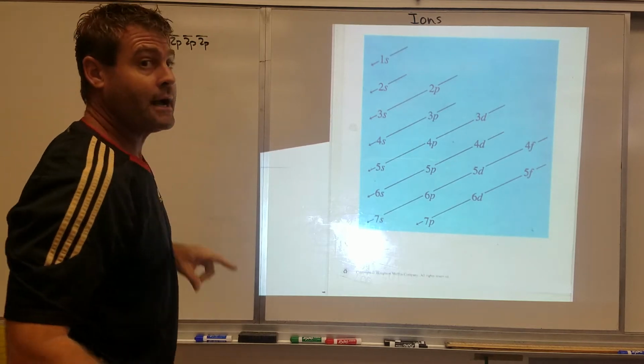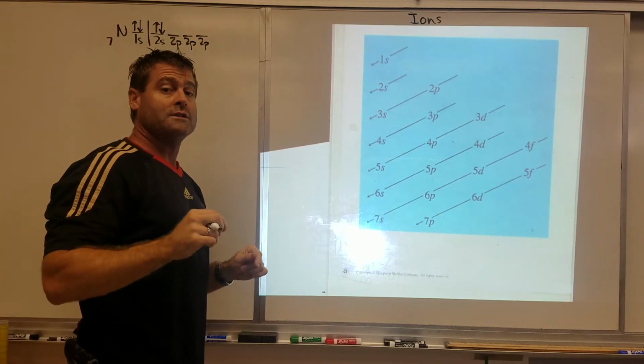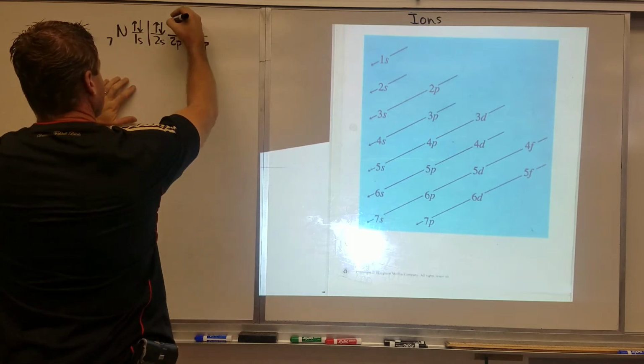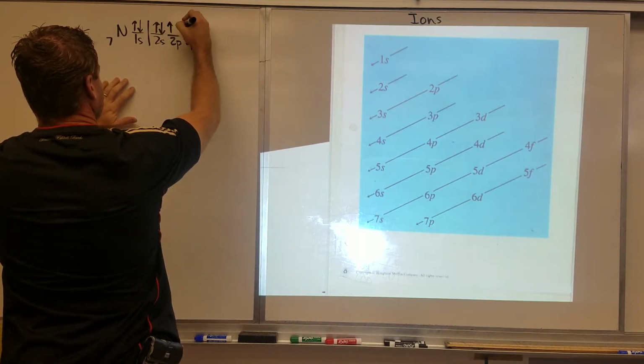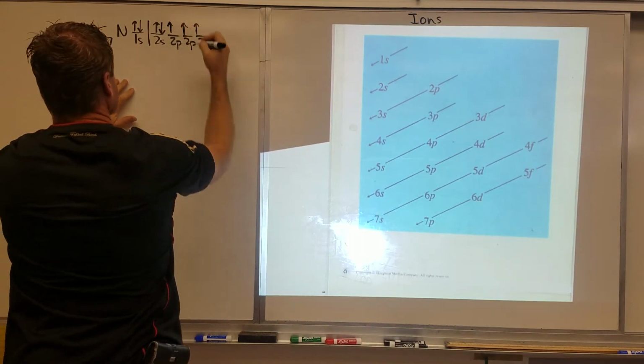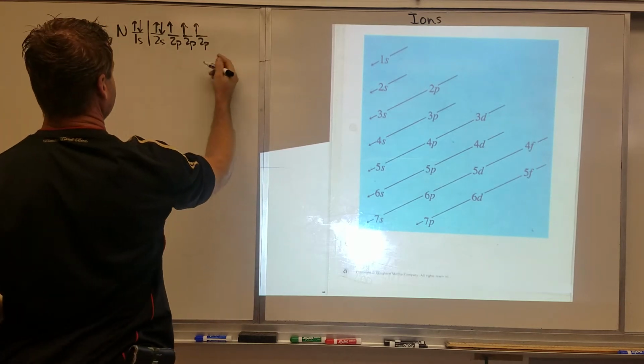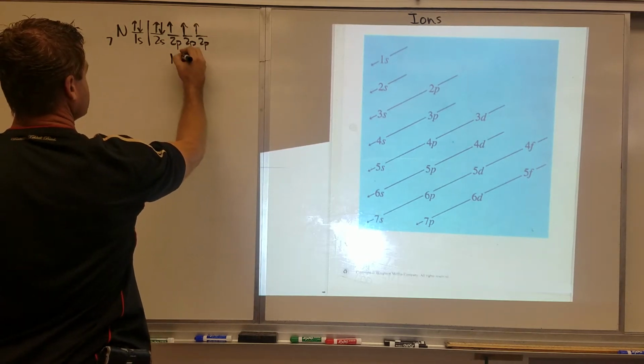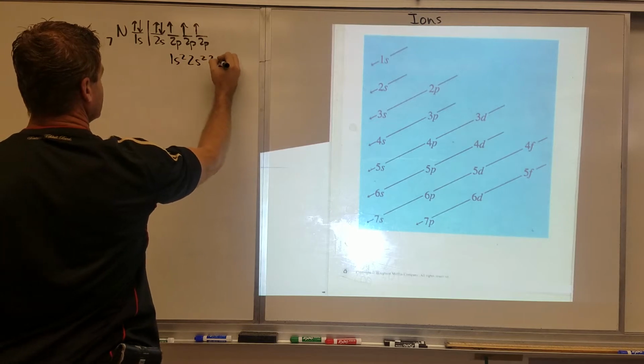You remember how they get filled. Each electron wants to occupy an empty orbital first before they pair up, because electrons want to be as far apart as possible. It would look like this. The abbreviated way would just be to write 1s2, 2s2, 2p3.